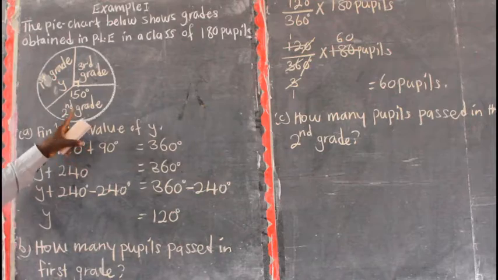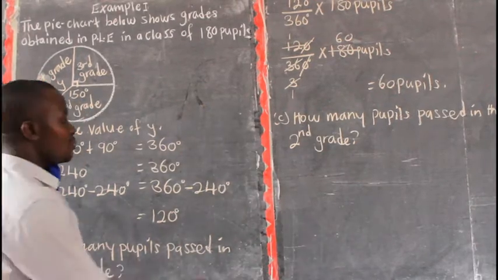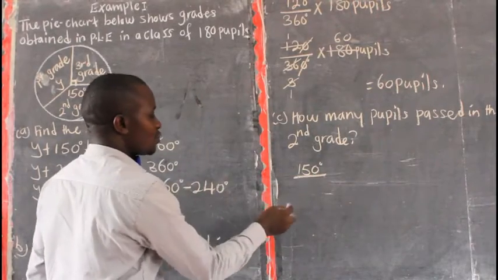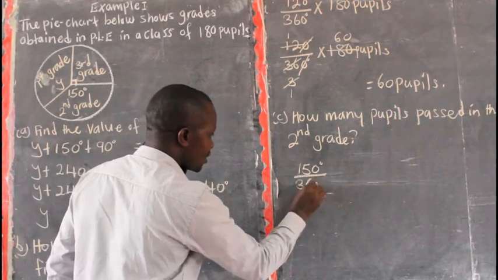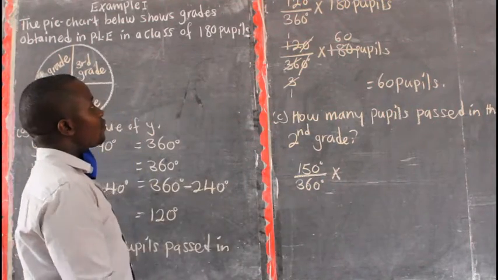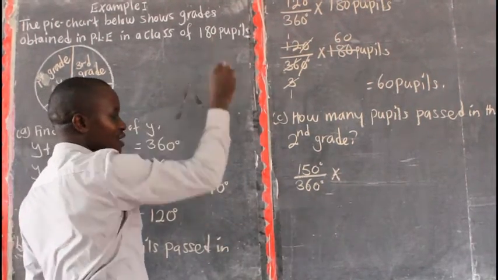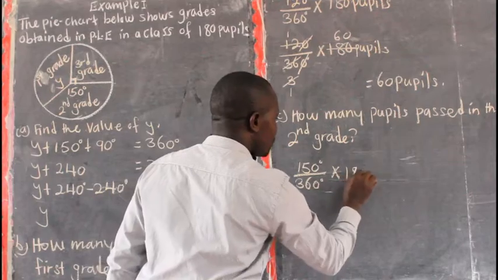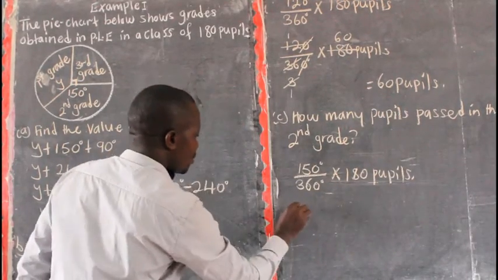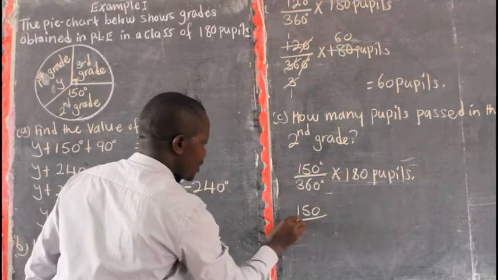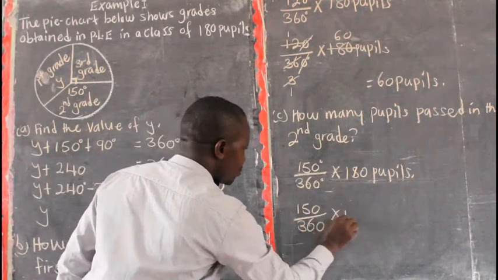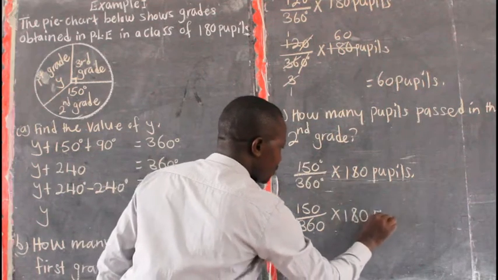The second grade is having 150 degrees. 150 degrees out of the total, which is 360 degrees, times the total number of children who sat for paper A, which is 180 pupils. 150 out of 360 times 180 pupils.